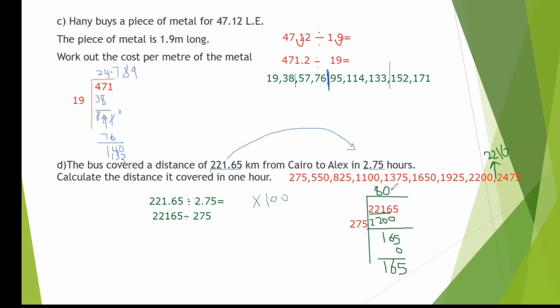We can put decimal point and put 0. Now you will find this number here. Let's count 1, 2, 3, 4, 5, 6. So you can put here 6. 6 times 275 equals 1650. So this is a terminating decimal number. So the answer is 80.6.